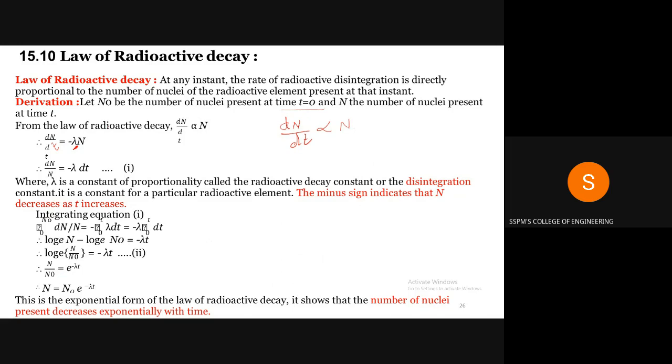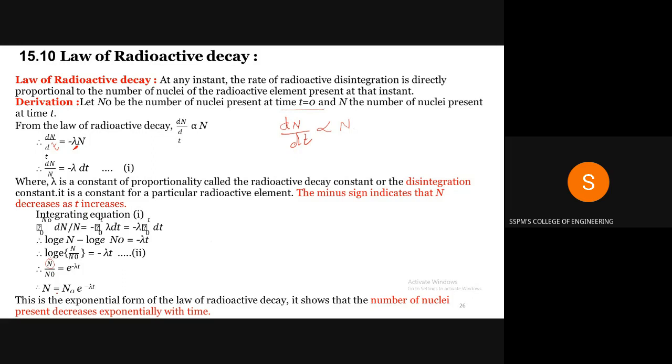After the disintegration has taken place at a particular time t, the number of nuclei present is N, and it is expressed relative to the original number: N upon N0 equals e raised to minus lambda t. Here t is the time at which we are going to calculate the number of nuclei present.